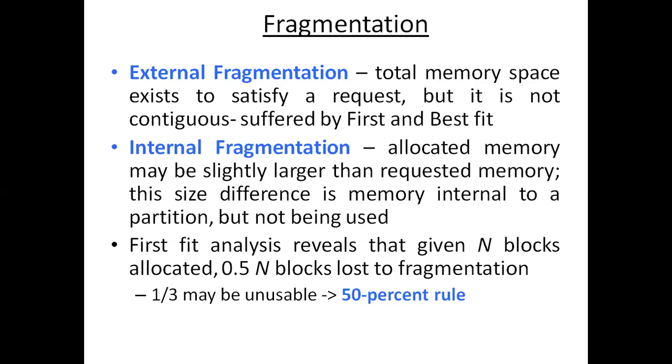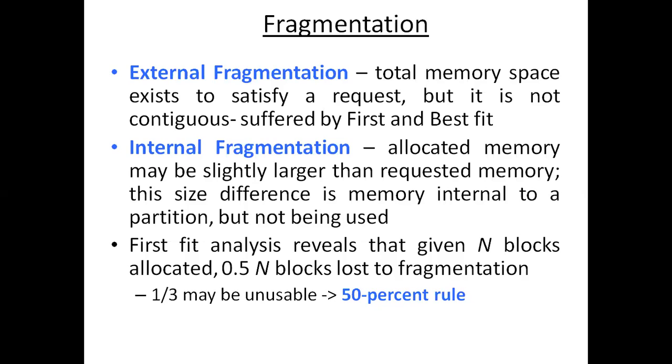Okay, so in first fit, analysis reveals that given n blocks allocated, out of n blocks, 0.5 n blocks are lost to fragmentation. Meaning almost 1/3 of the memory blocks will be unusable because they're very small in size.